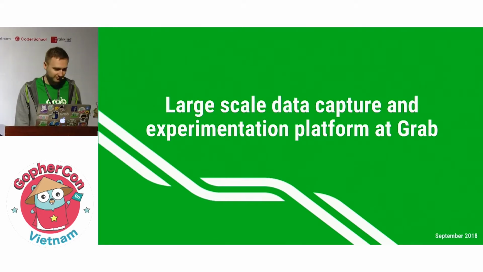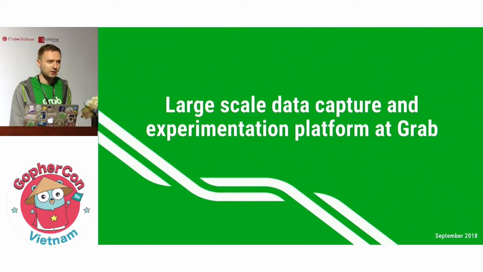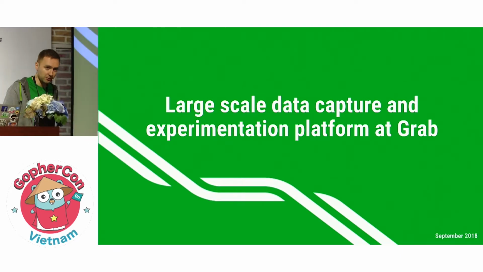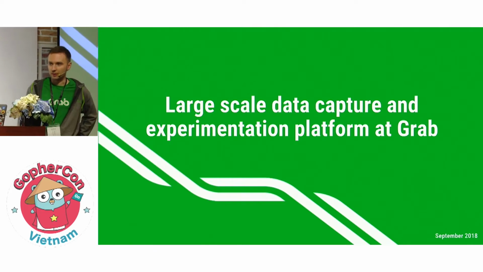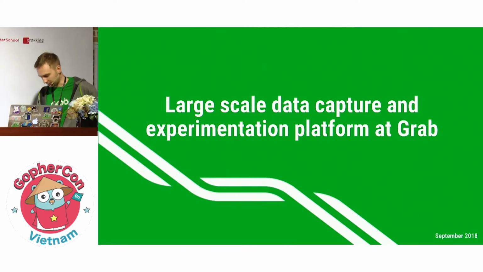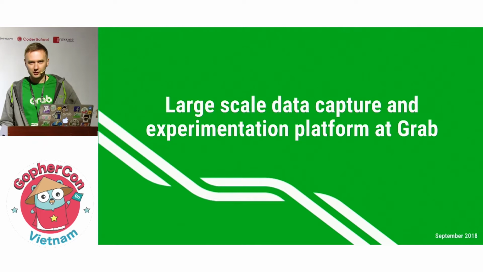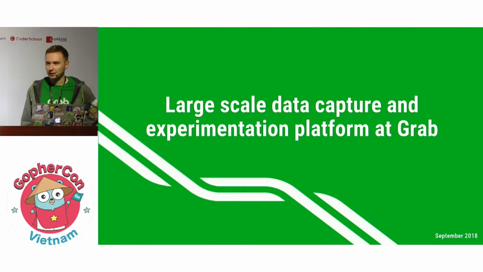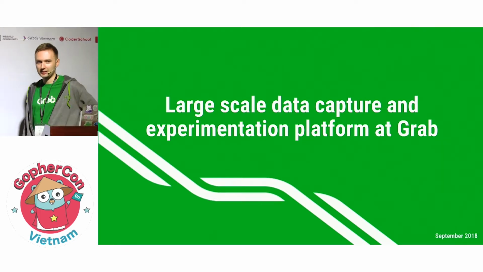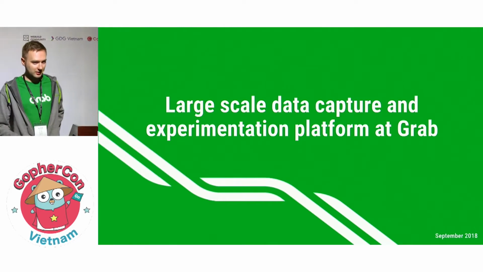But anyway, I'm going to talk about how we build two things, mainly the experimentation platform and the data ingestion pipeline to support all the scale, right? I've been at Grab for about 2 years now, and one constant was there's always scale.